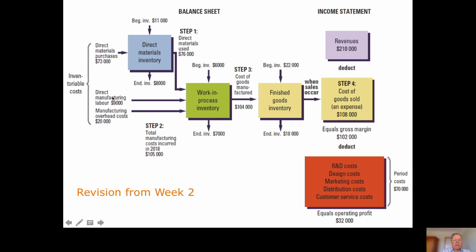We're going to have a couple of extra accounts to deal with our labour and our overhead costs. We'll look at those accounts in a moment, but I'll just focus on the stock at this point. As stock leaves the factory and is transferred to the finished goods warehouse, the entry will be, this stock's going down.